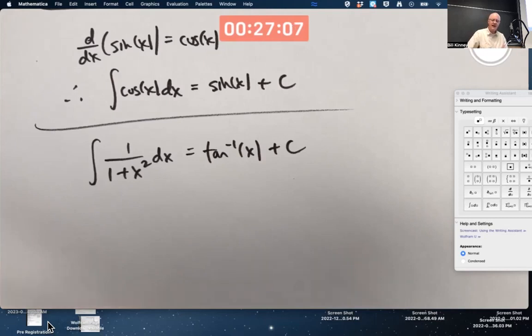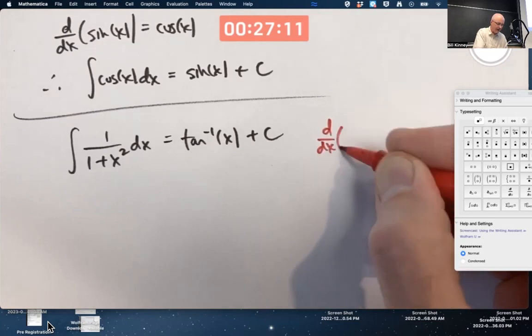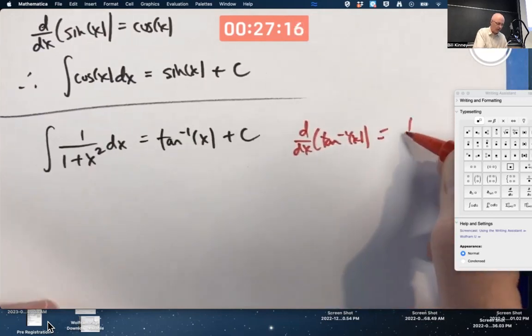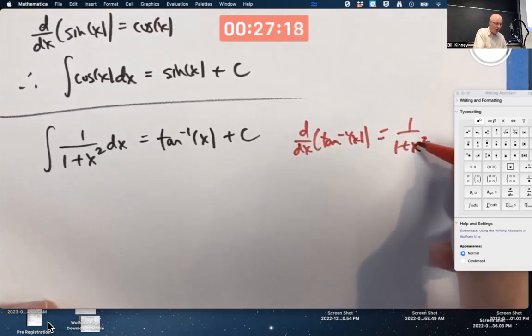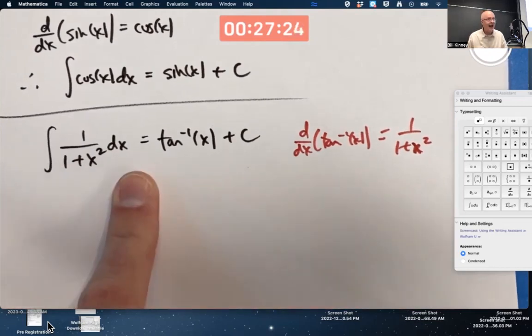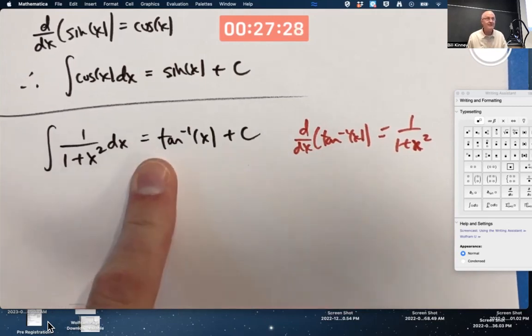Yeah, we're using the fact that we know the derivative of inverse tangent of x is 1 over 1 plus x squared. If we didn't know that, how in the world could we do this? If we didn't know that, there's no way we could do that. But we do know this, so we can do that.